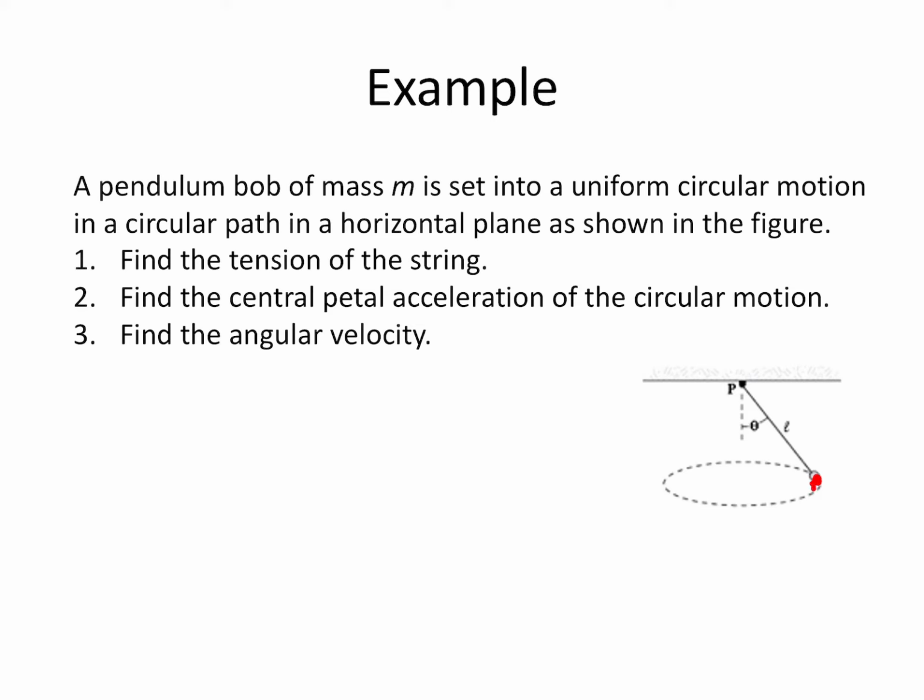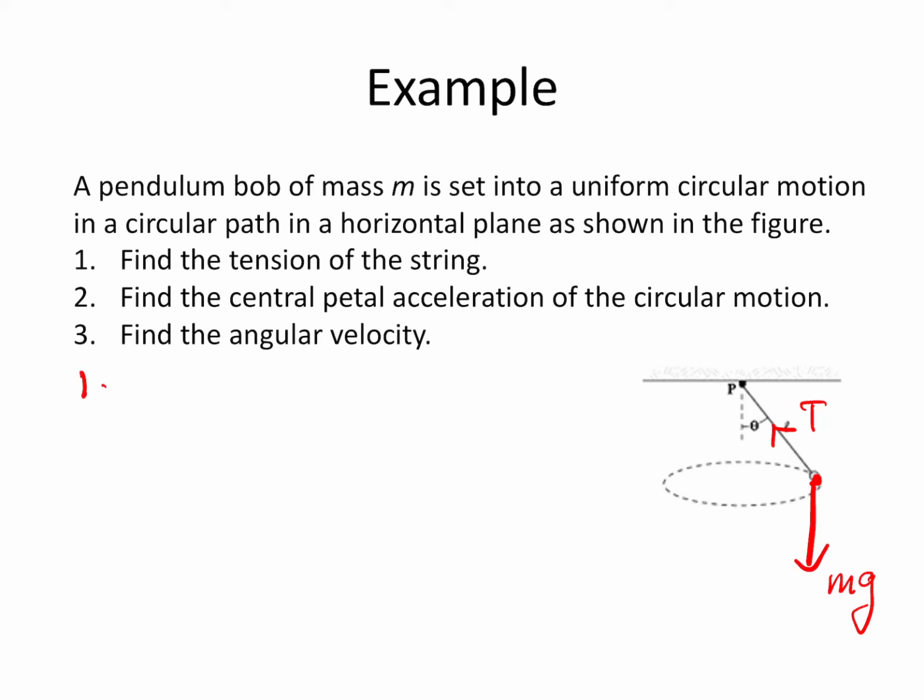You need to do a free body diagram on the pendulum bob. When it's rotating here, there are two forces acting on it, tension and gravity, right? And in the y direction there is no motion, no acceleration at all.